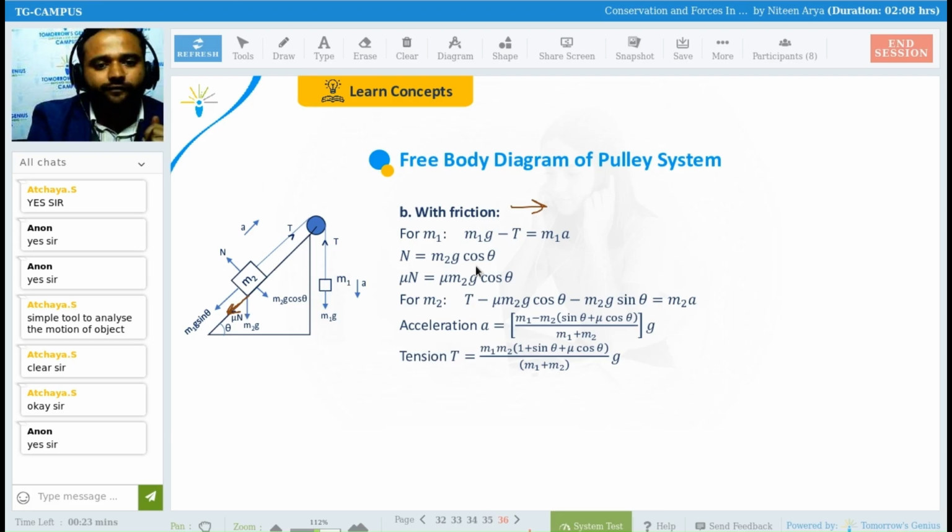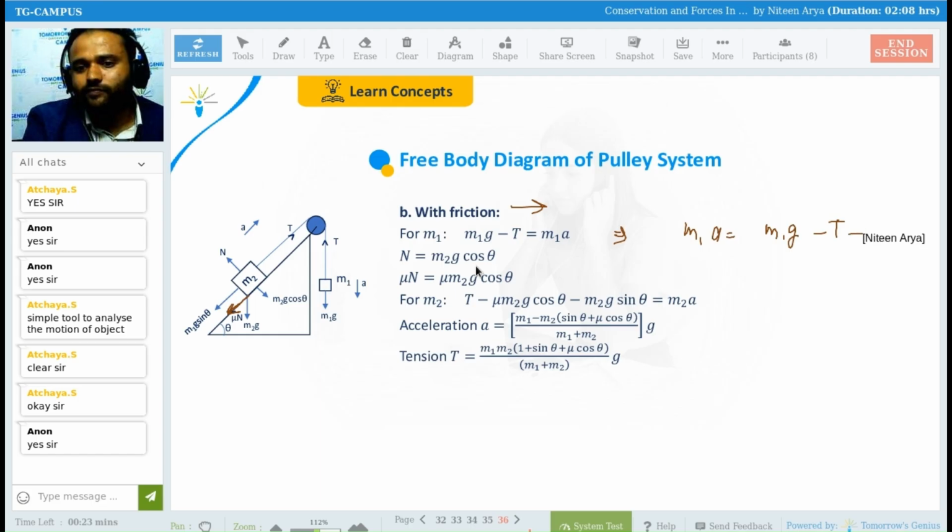For m1 it is very easy, same thing: m1a is the net force, m1g minus tension. Okay, first equation. For m2, the normal force N is m2g cos theta, and the kinetic friction mu N is mu m2g cos theta. For m2 this is the crucial thing.